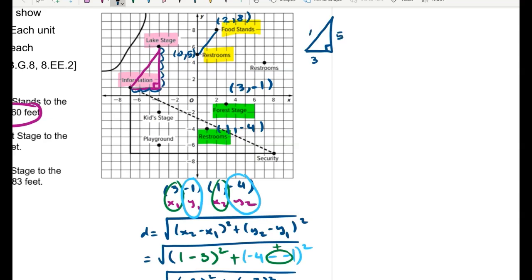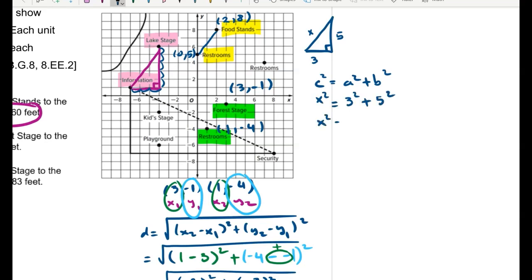X is what I'm looking for, which is the distance from the lake stage to the information booth. By the Pythagorean theorem, I'm sorry, it's not x squared, it's c squared. I will start with the formula first: c squared equals a squared plus b squared. C squared in this case is x squared, equal to 3 squared plus 5 squared.